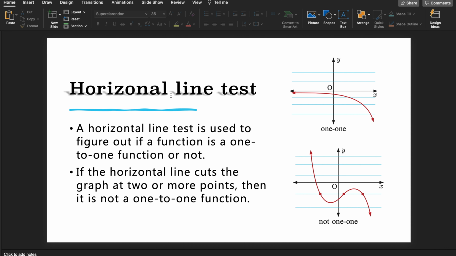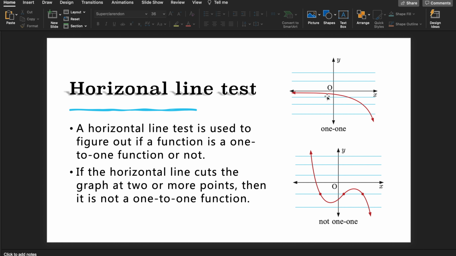Okay, the next one is the horizontal line test. This is somewhat similar to the vertical line test, but here we are checking if a function is a one-to-one function or not. So what we'll have to do is very similar to the vertical line test: draw horizontal lines instead, and see if the line is being cut twice or more.